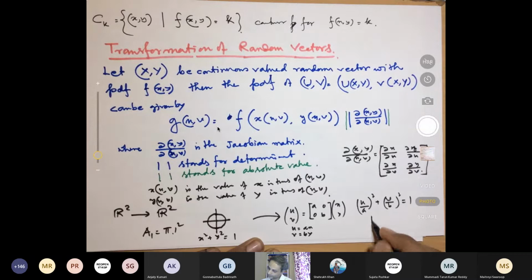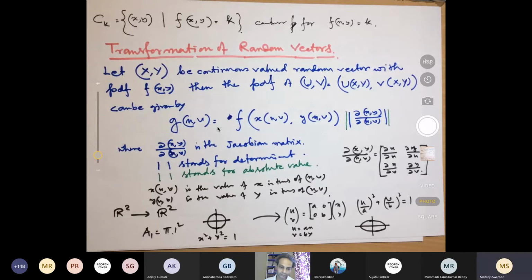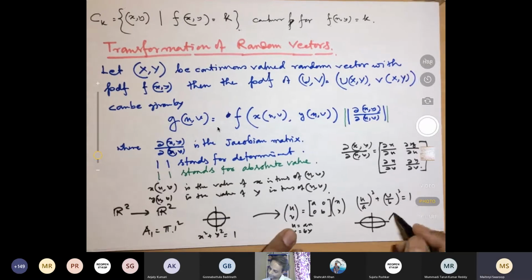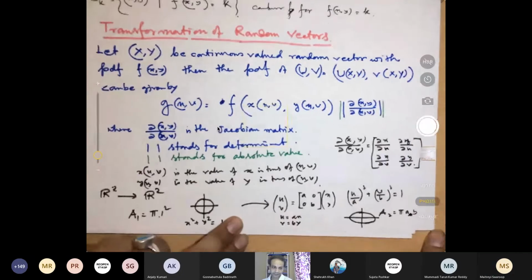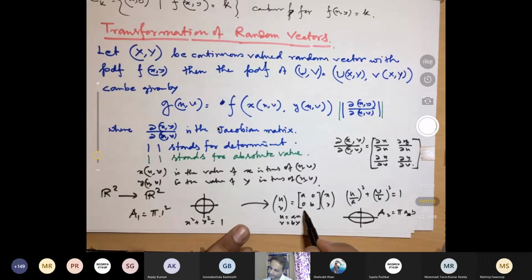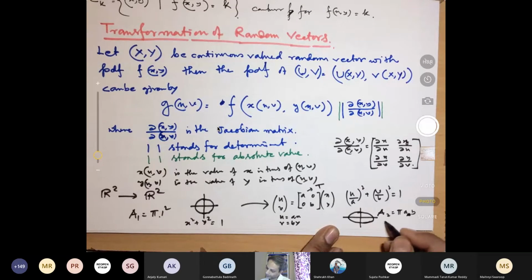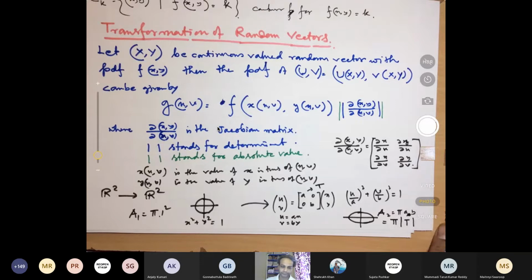So the transformed shape will be, depending on the values of a and b, an ellipse, right? And what will be the area? Pi a b. Now, if I name this matrix T, then is it not pi times the determinant of T?